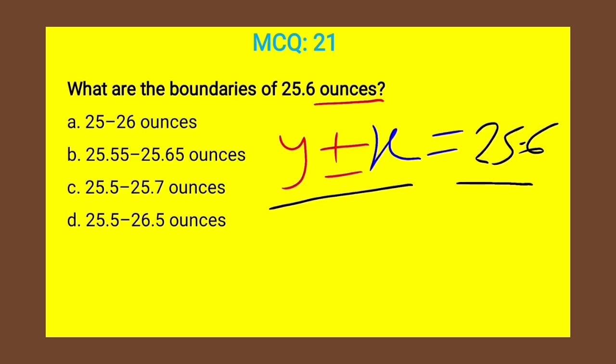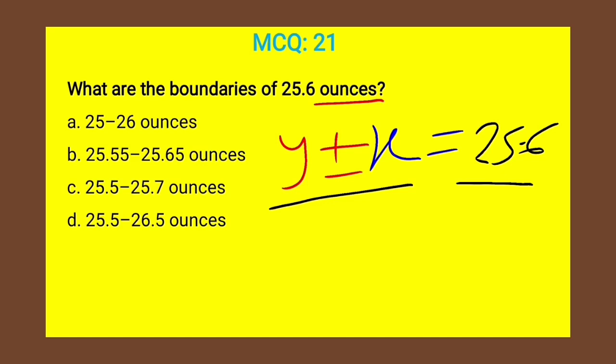So how do you come out with the value of x, the constant, that when added to or subtracted from y, gives 25.6? Here I'm given options that I need to follow, so I'm going to do a test to find out the value.